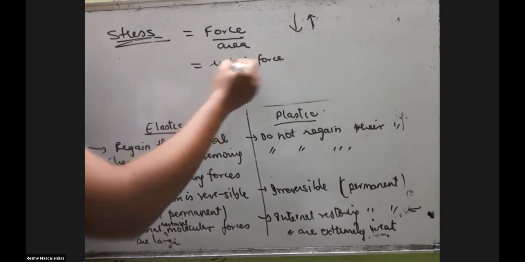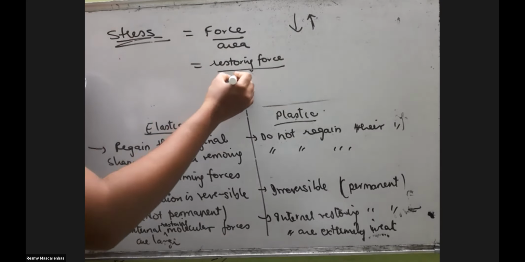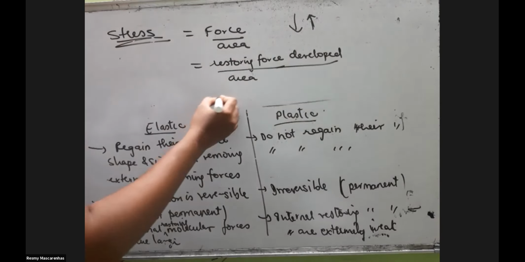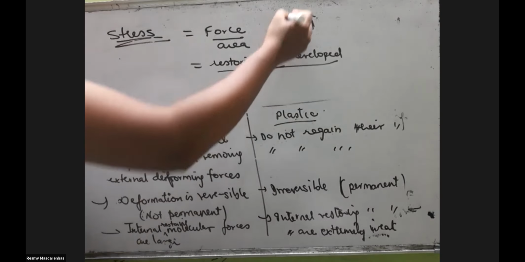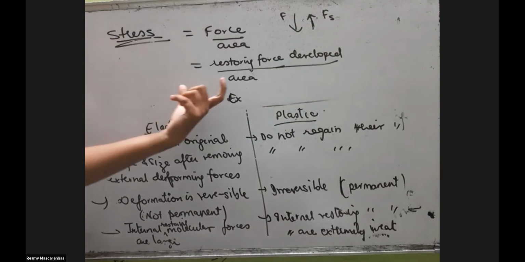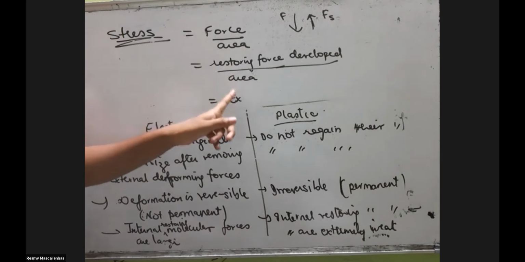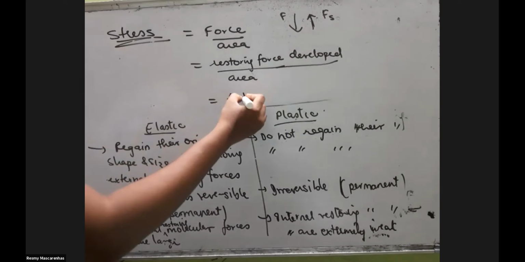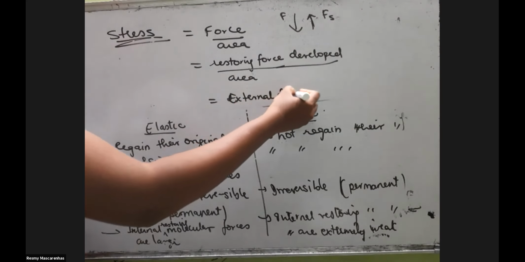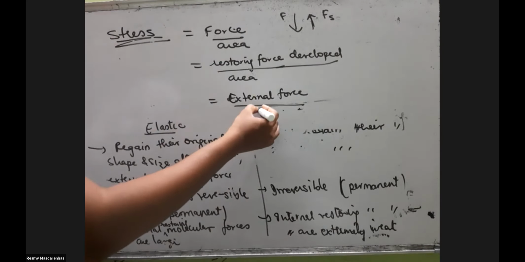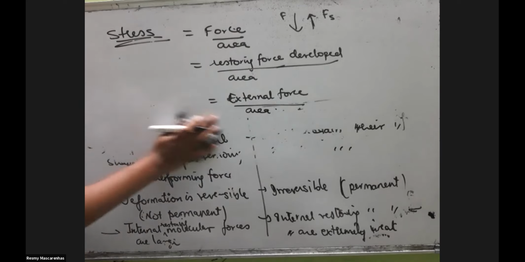So it can be restoring force upon area, or the same as the external force, since the restoring force is the same, only opposite in sign. If we just want the magnitude of stress, it works for the restoring force and for the normal external force also. So this is the formula for stress.